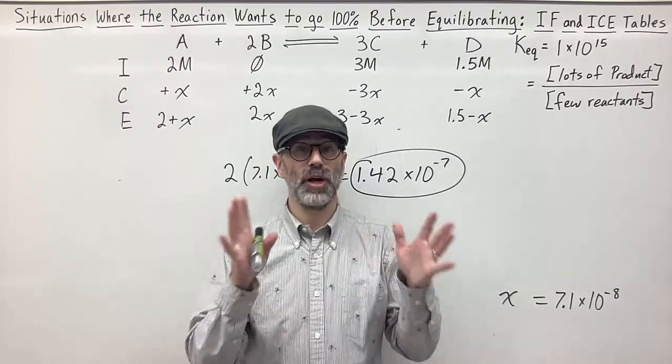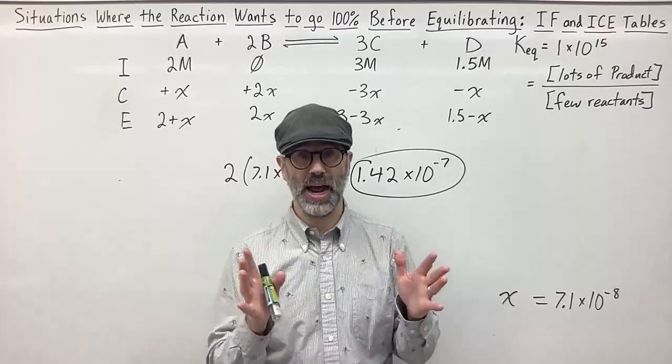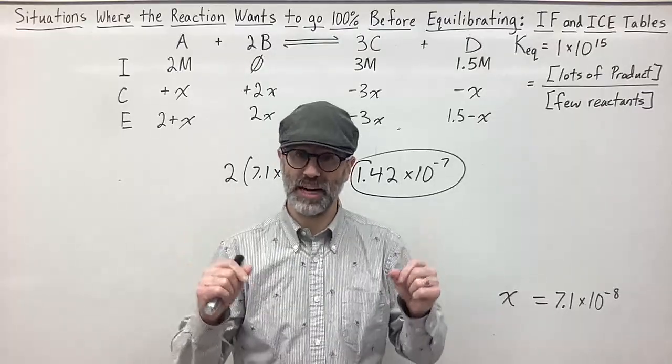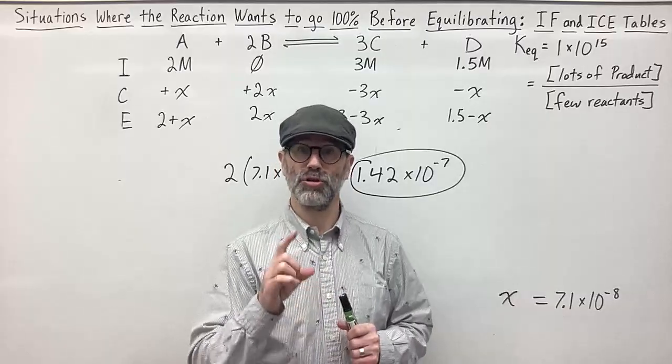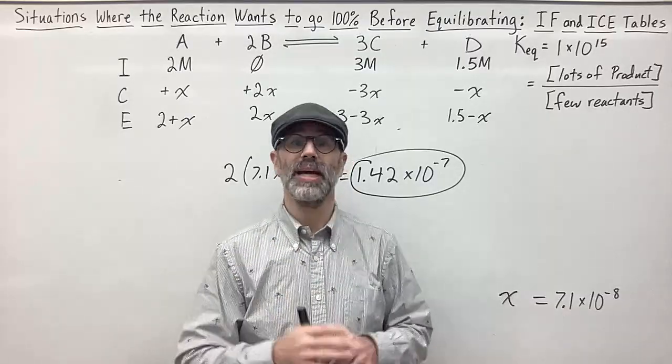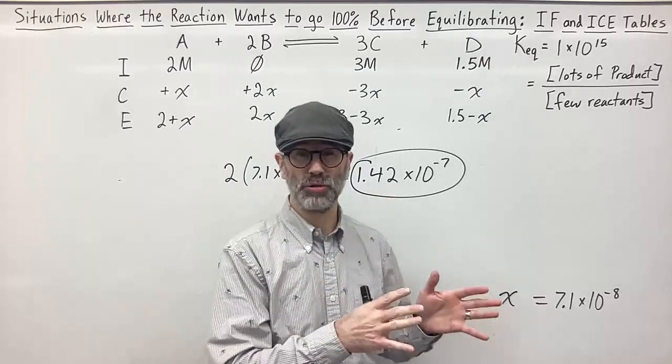And then once you figure out what you're left with after the completion of the reaction, you could do your ICE table. But remember, again, let me state that when you do your stoichiometry, if you're given the concentrations, you got to convert that to moles first.